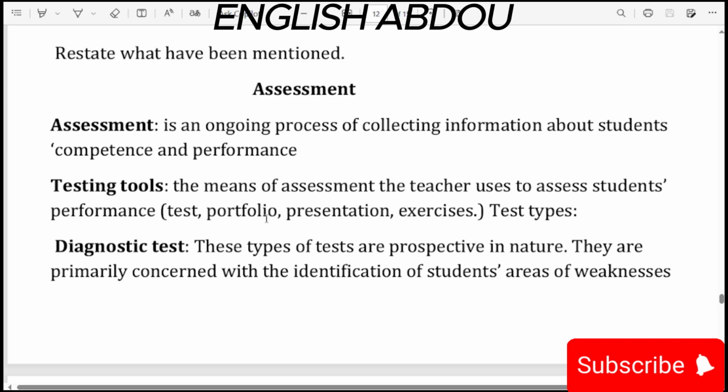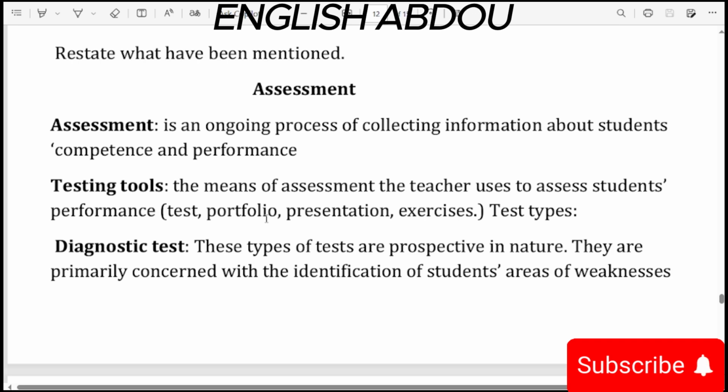So it is an ongoing process of collecting information about students' competence and performance. How much better they are, what the weaknesses and strengths of their learning are. Based on that, we can build other things and change our ways of teaching and learning.